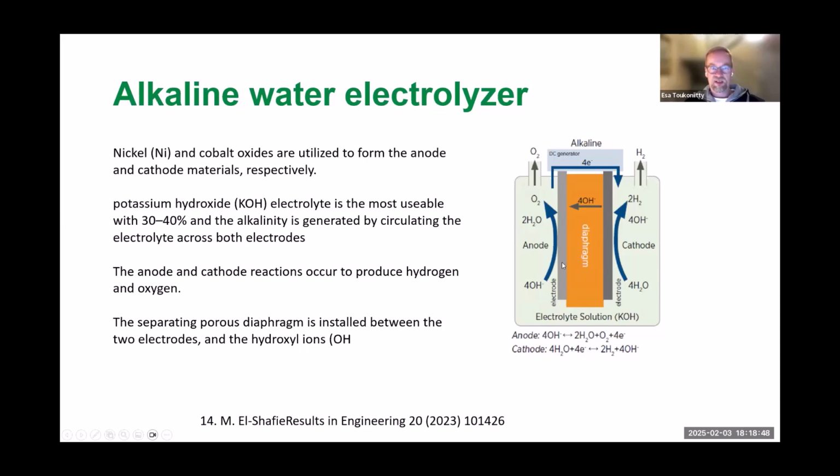It has been optimized so that the different reactions proceed best, or it's a kind of compromise, so overall best results can be obtained with these metals or metal oxides. This potassium hydroxide solution is quite concentrated, 30-40%.